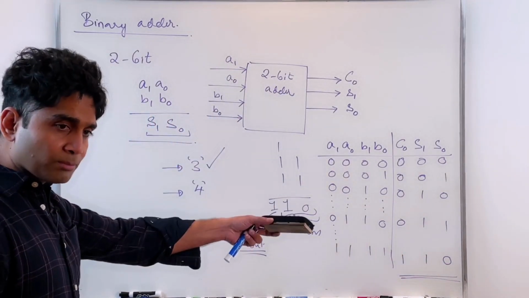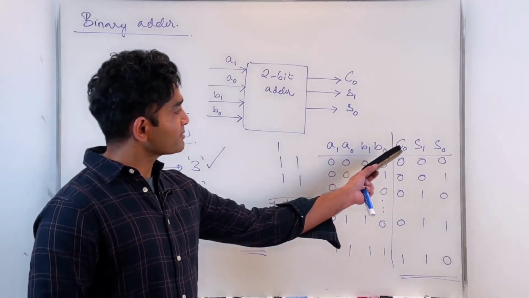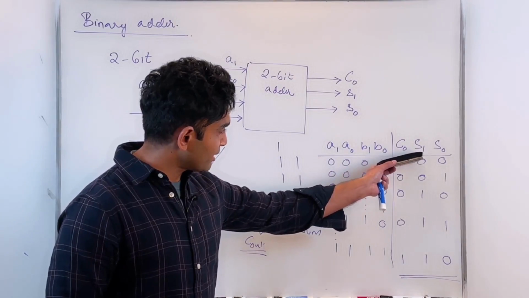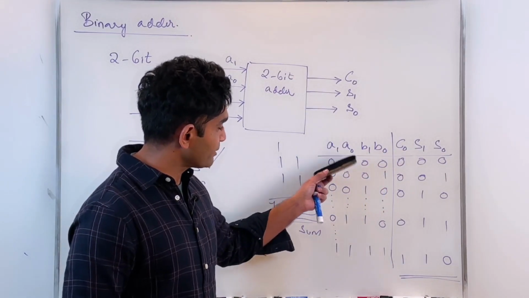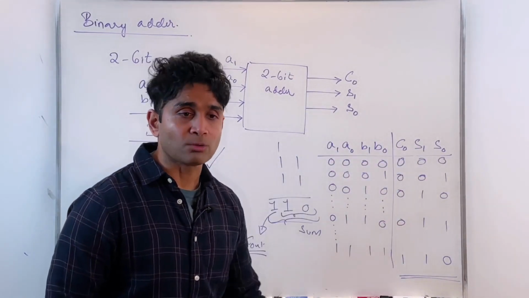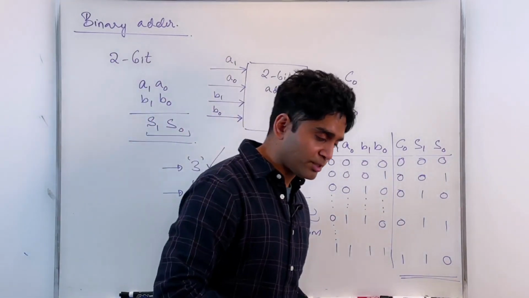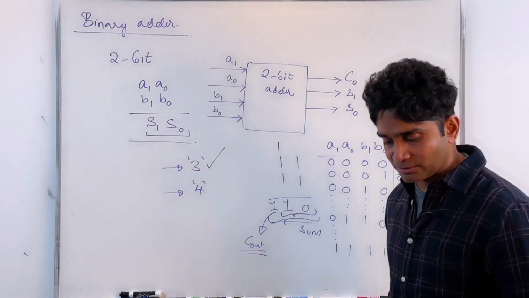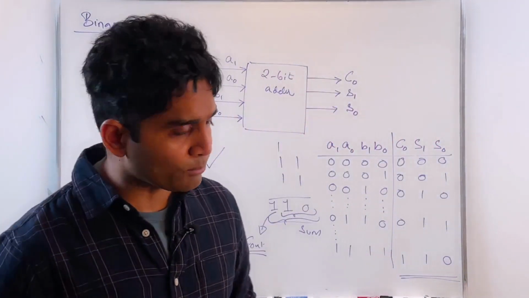Now I have the truth table. I can compute C out as a function of A1, A0, B1, B0, compute S1 as a function of A1, A0, B1, B0, compute S0, and so on. Again, the same procedure that we have illustrated in the last few classes. So that's more of a mechanical approach now.